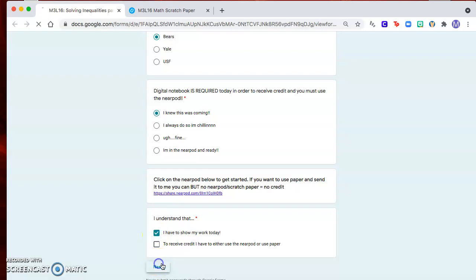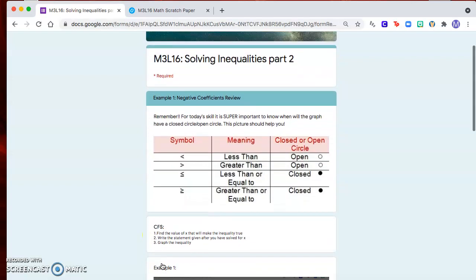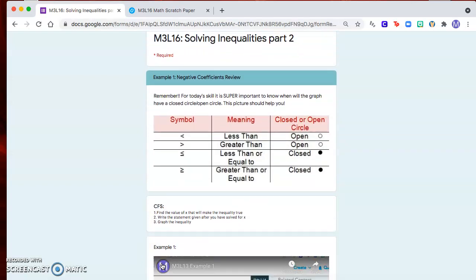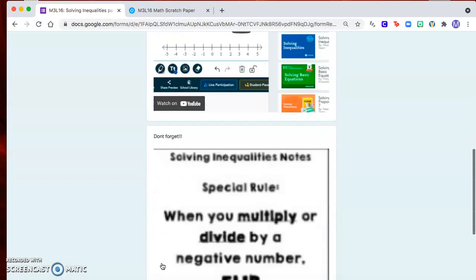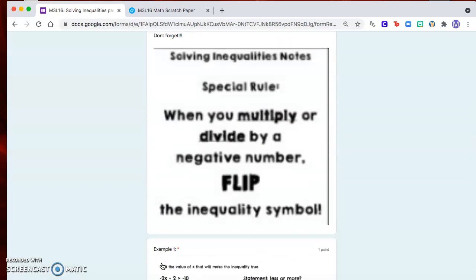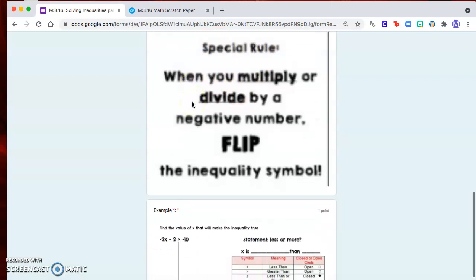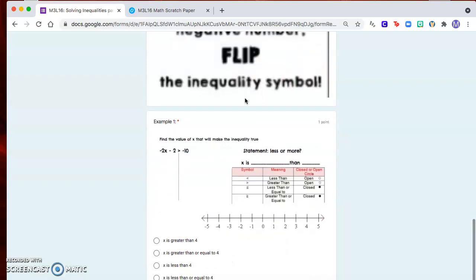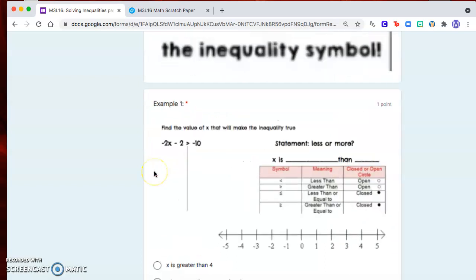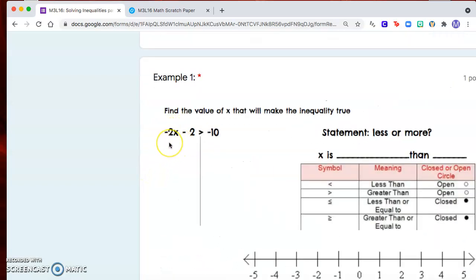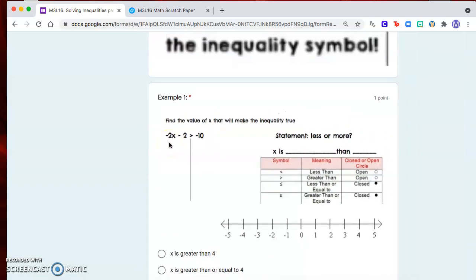So we're going to start with example 1. Now, just to review, we're going to have inequalities with positive coefficients and negative coefficients. And let's remember that solving inequalities has a special rule that when you multiply or divide by a negative number, it flips. The best explanation for why this happens is because dividing by a negative means taking the opposite.